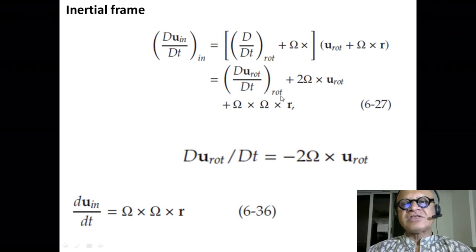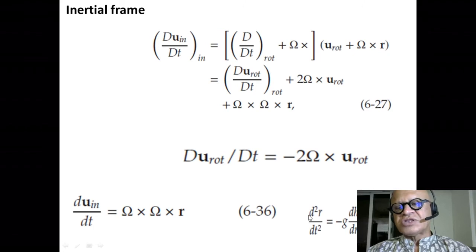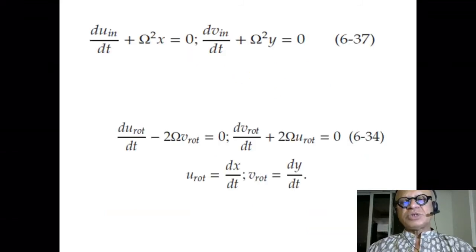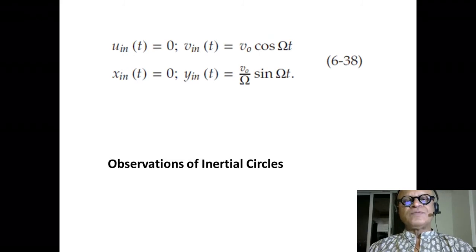So these are balancing each other, and the inertial velocity is just given by the centrifugal force. Again, don't worry too much about it. This looks very familiar to our original equation, d squared r/dt squared equals minus omega squared r. It's just the acceleration in the radial direction related to the Coriolis effect. Long story short, let me just jump through this and go to observations of inertial circles.